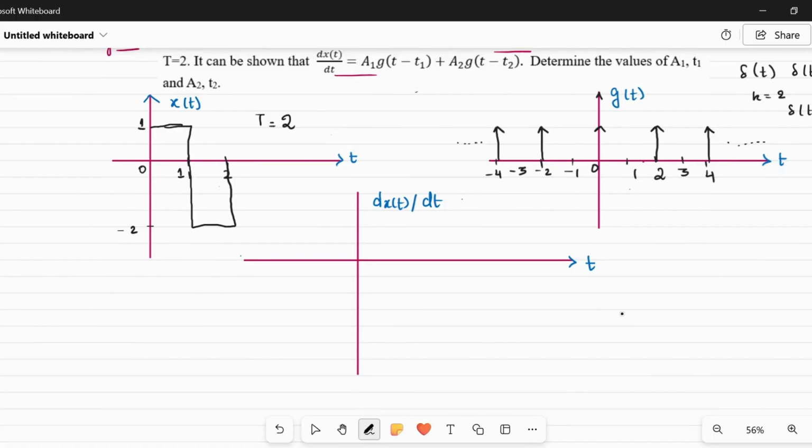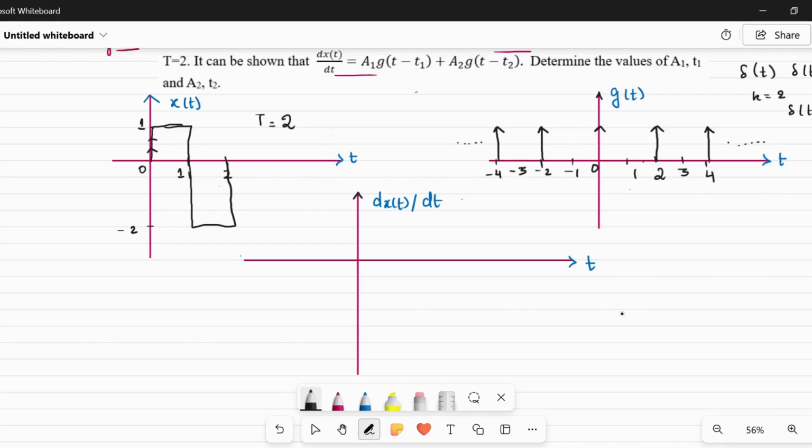As we all know, these two portions are discontinuous. Any discontinuity can be represented with the help of an impulse when we differentiate it, and the strength of the impulse will be the discontinuity's strength.